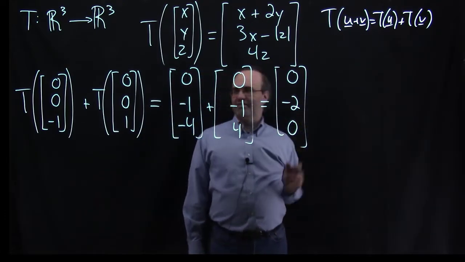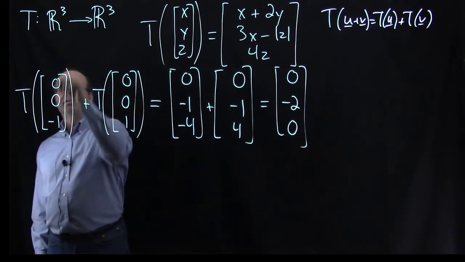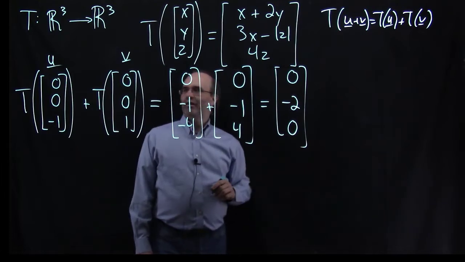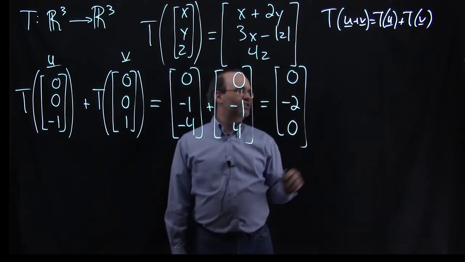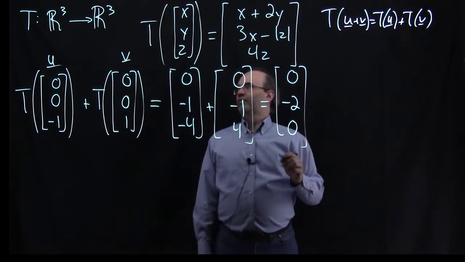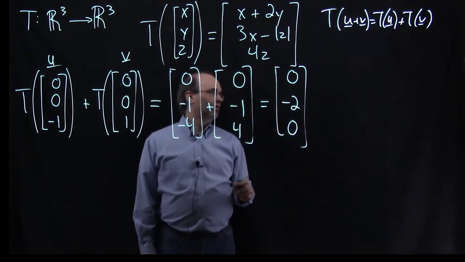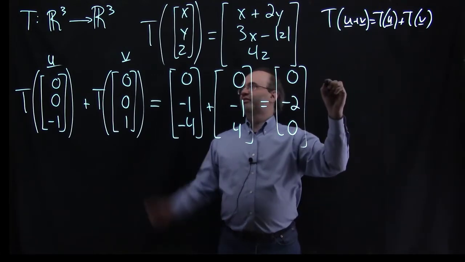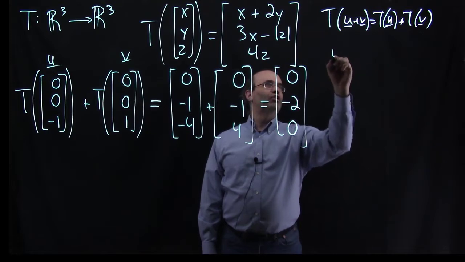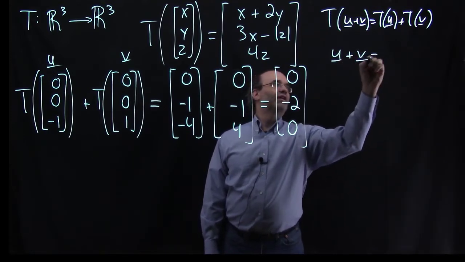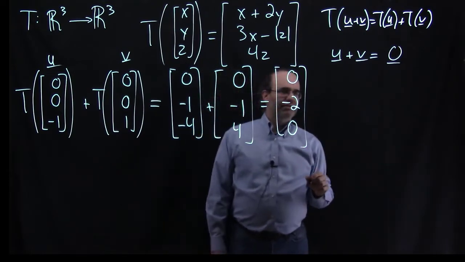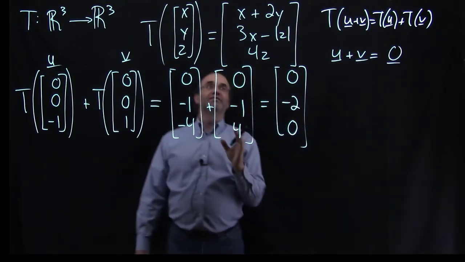What about the left-hand side? I said this is this vector, this is u, this is v. In this case, u plus v is the 0 vector. And T of 0 is going to be 0.